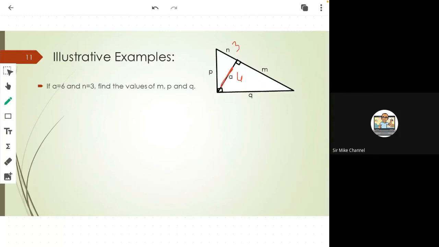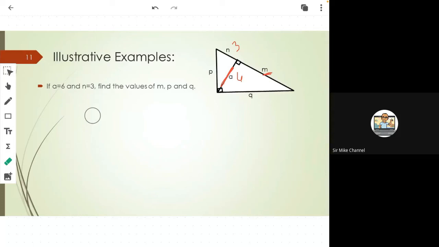So, ano po na isosolve natin dito? Hanapin natin yung M. So, paano mahanap yung M? Diba? So, ang formula natin kanina, gagawa tayo ng proportional ratio. So, hanapin yung altitude muna.